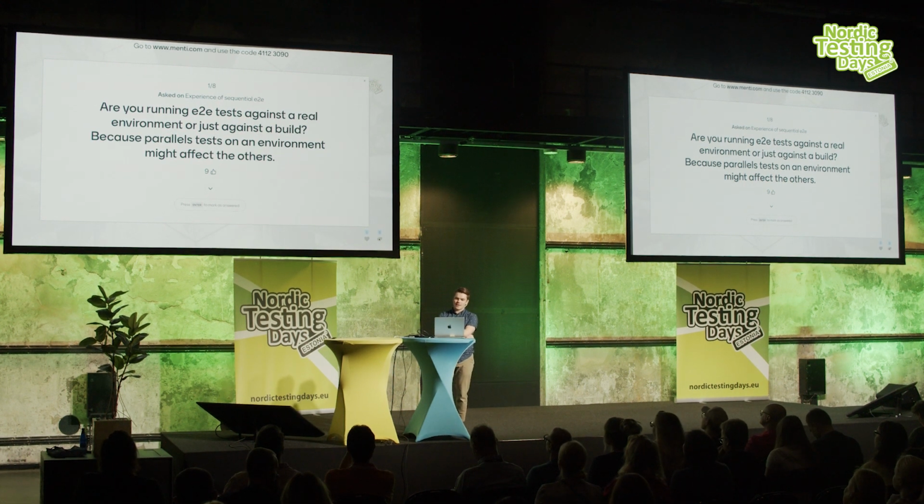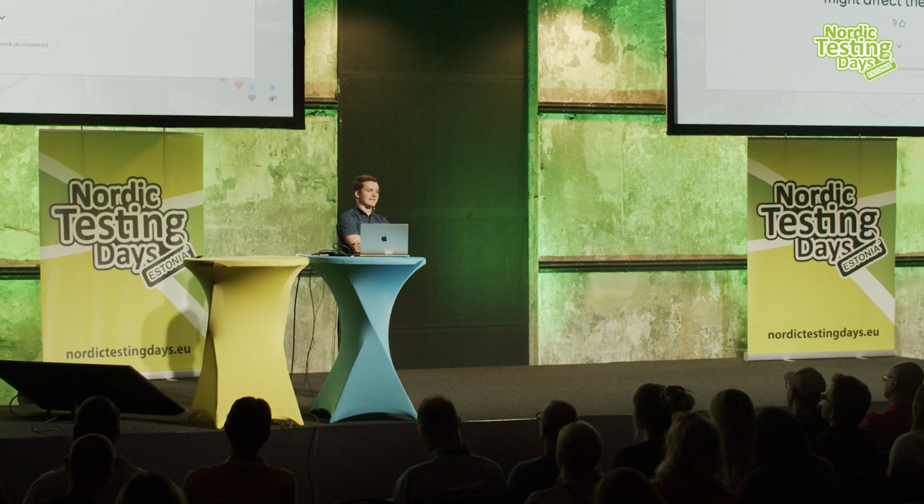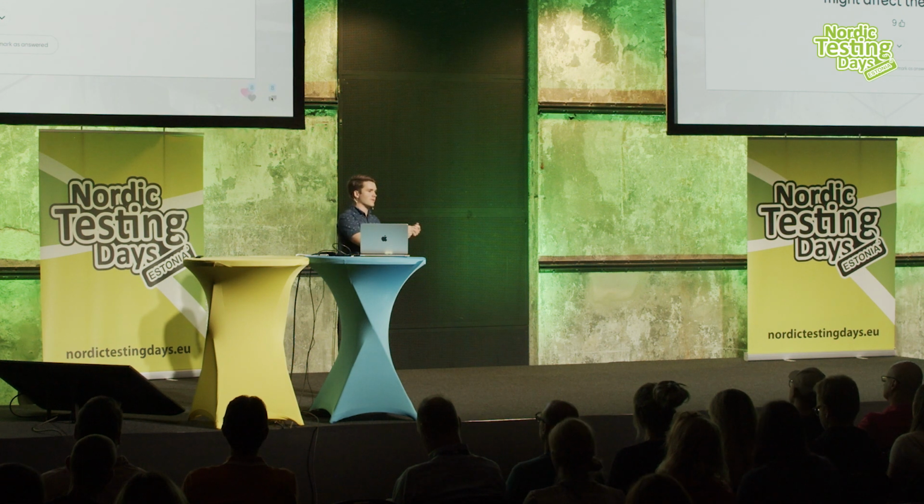Are you running your end-to-end tests against a real environment or just against a build? Because parallel tests on an environment might affect others. So during deployment, we run everything against stage, which is an environment that is always what's in between merge and production. And running things in parallel there works quite well just because Heroku handles rolling deploys there pretty decently.